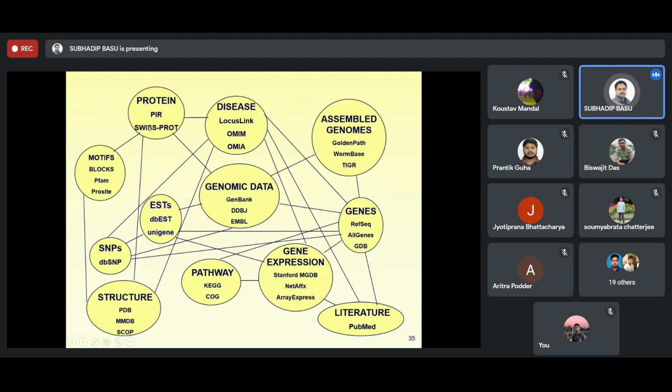For example, Swiss-Prot is a very popular protein database. KEGG is a very popular pathway database. PDB is a very popular protein structure database. PubMed is the literature database, and all these are connected to each other. So altogether, this forms the domain of bioinformatics.